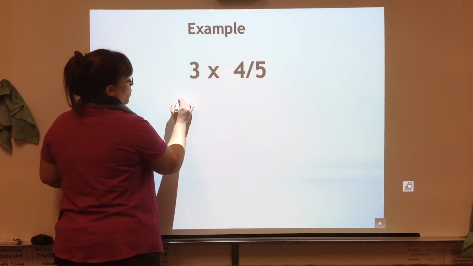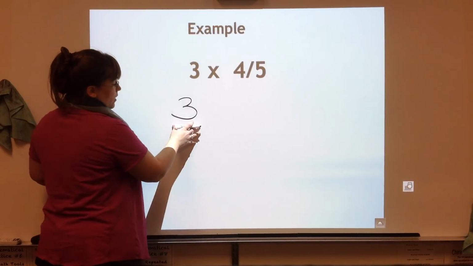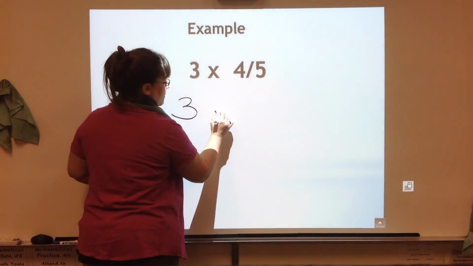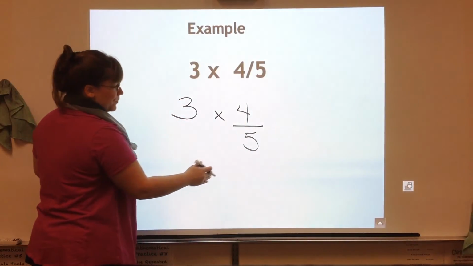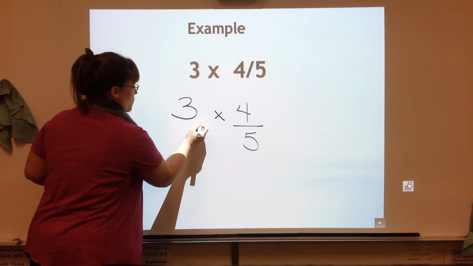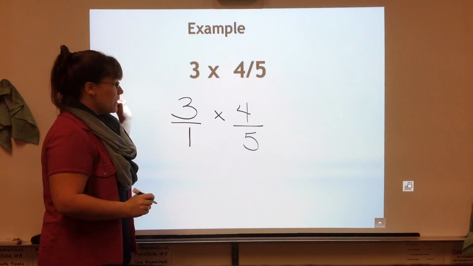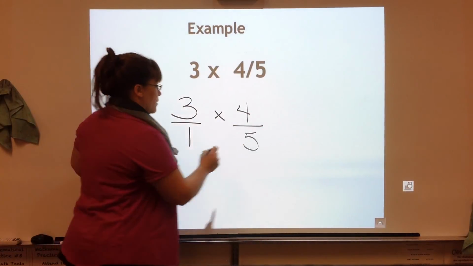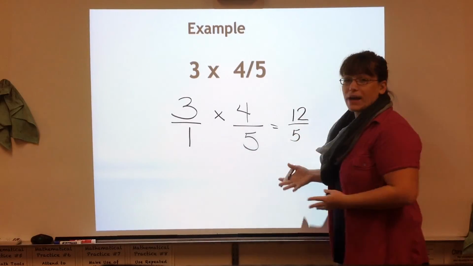We're going to have the whole number 3, and notice I'm going to write that first, and then I'm going to put my 4/5 vertically, and my 3 is in the numerator spot because we want to put this whole number over 1. That's the first step. And then we're going to multiply across. Numerators would be 12, denominator would be 5.